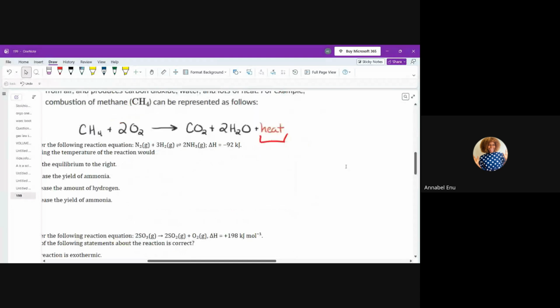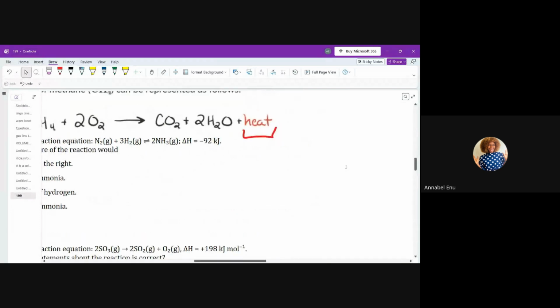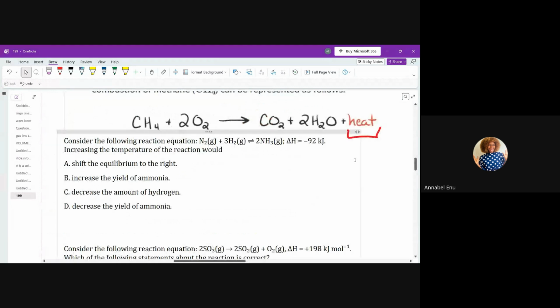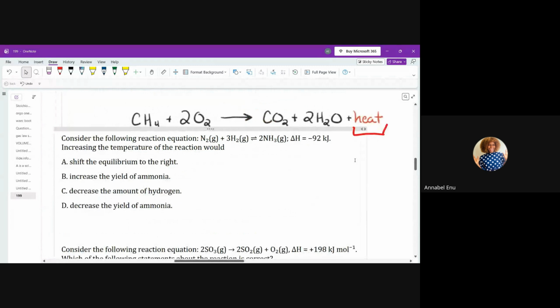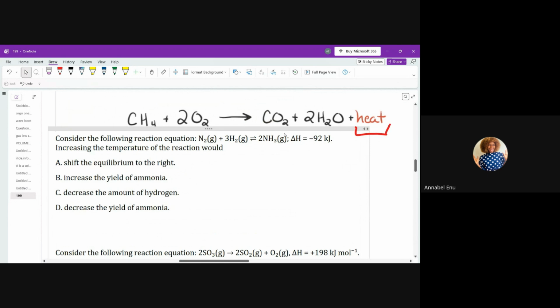Now this question below says, consider the following reaction: is increasing the temperature of the reaction would. Okay, are you seeing the question? What would increasing the temperature cause?